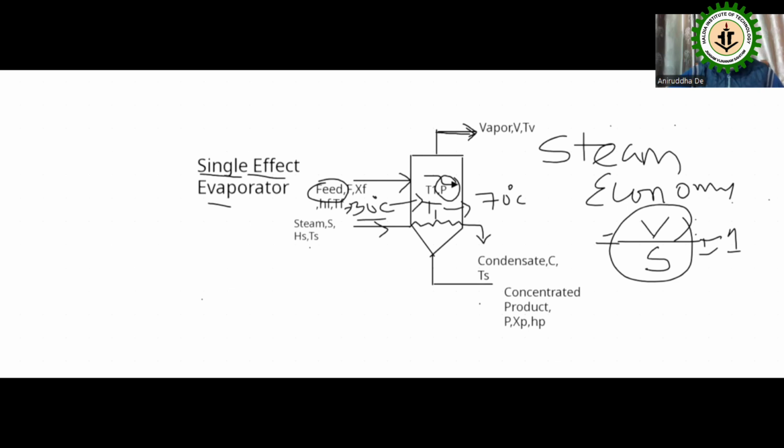So if it is double effect, there will be two calandrias. If it is triple effect, three calandrias will be used. Now if we use double effect or triple effect, they can be used in different manners.